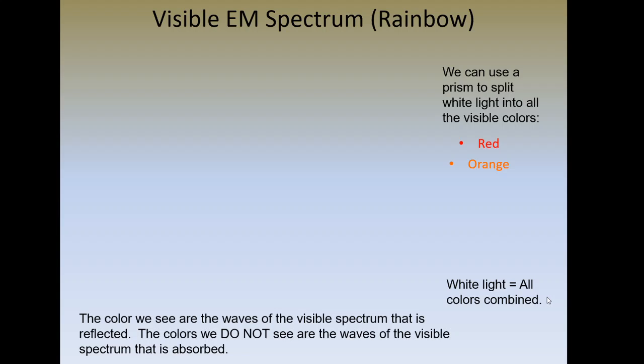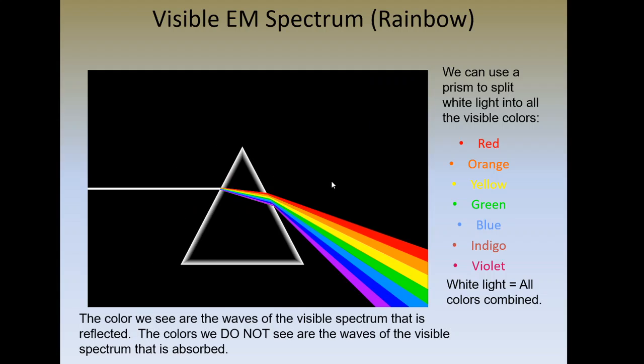If we were to look through a prism, it would split the white light into all the visible colors like red, orange, yellow, green, blue, indigo, and violet, which we've all seen. The colors we see are the waves of that visible spectrum, with different frequencies and wavelengths. So red is different from orange, and orange is different from yellow, and so forth.